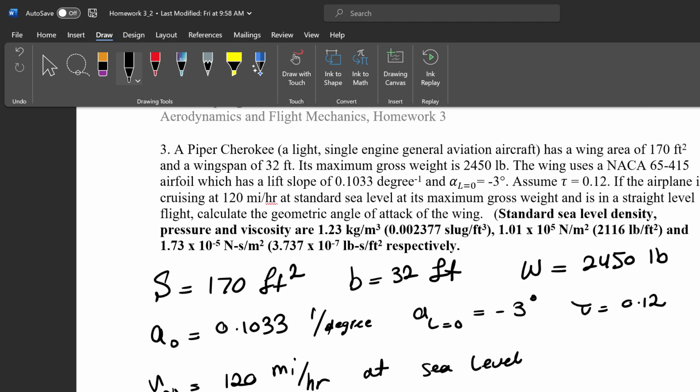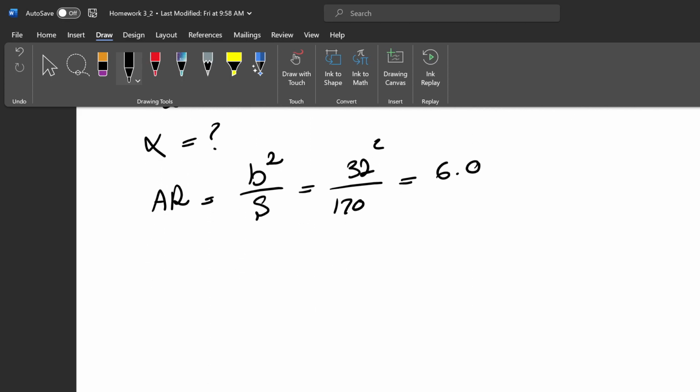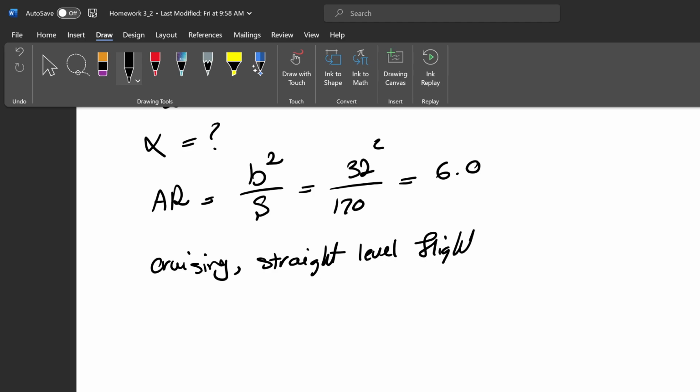We are told that the airplane is cruising at 120 miles per hour at the standard sea level at its maximum gross weight and is in a straight level flight. So cruising, straight, level flight. What does this tell you?